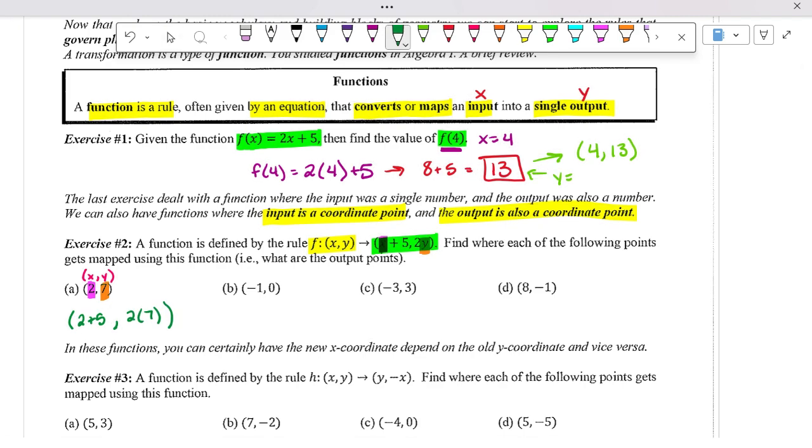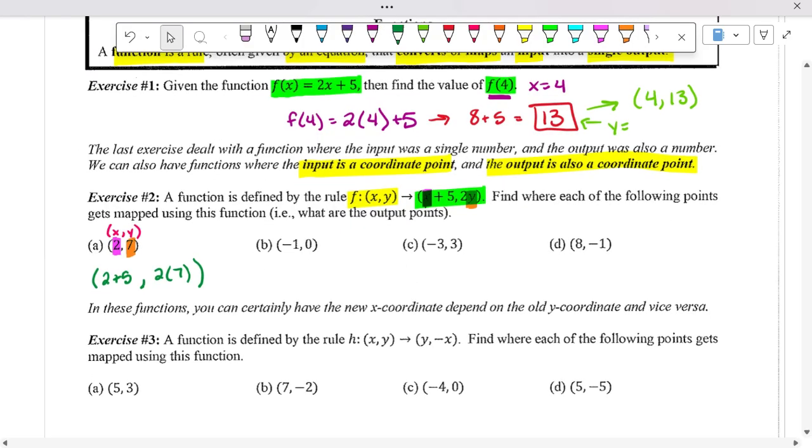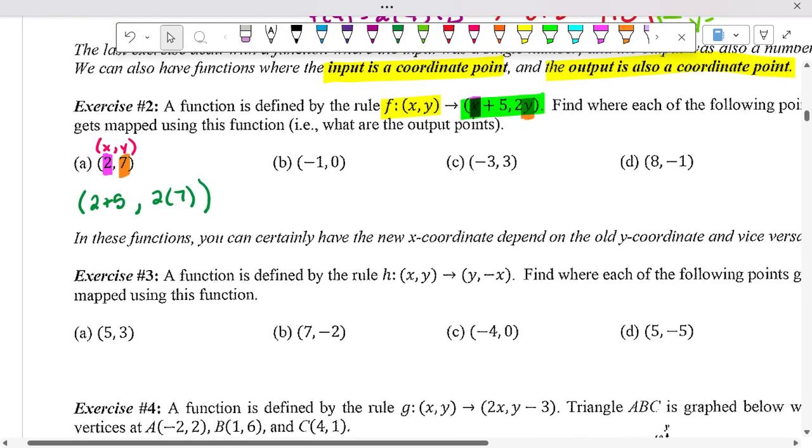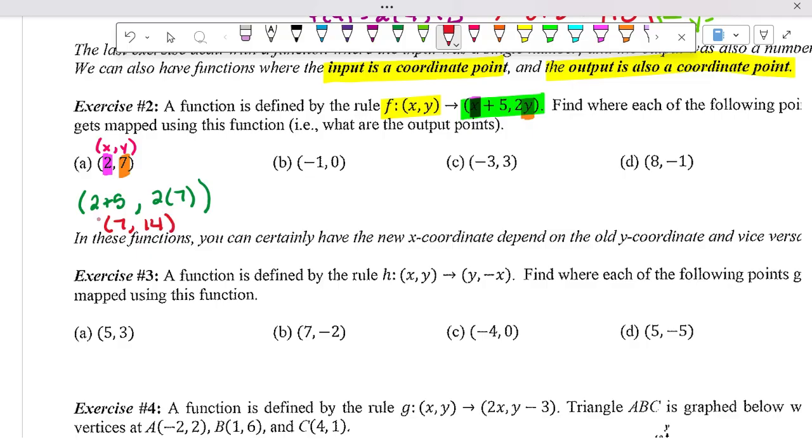That's our second coordinate. So what's my new point? What's 2 plus 5? 7. So that's my new x value. What's 2 times 7? 14. So that's my new y value. So this is my new point. So instead of getting a singular number as my output, I'm now completely getting a new point.